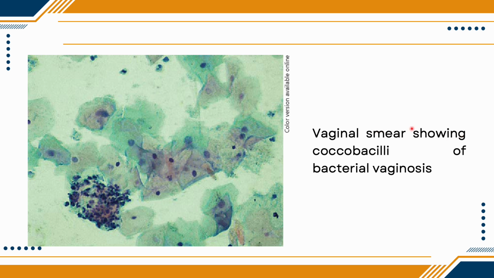Another is a vaginal smear showing coccobacilli of bacterial vaginosis. So in this case, you can actually use the Papanicolaou stain to diagnose bacterial vaginosis, wherein there is an overgrowth of Gardnerella vaginalis. Ano ba yung tawag sa vaginal cells that is coated with coccobacilli? Yun yung tinatawag natin na clue cells.